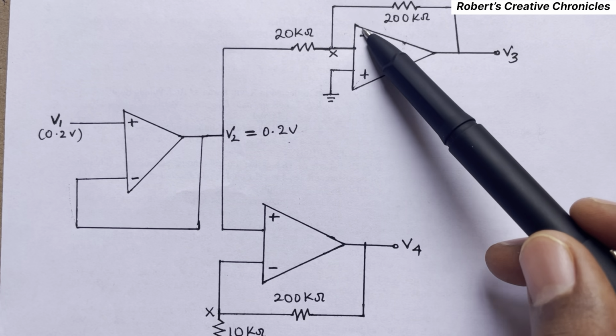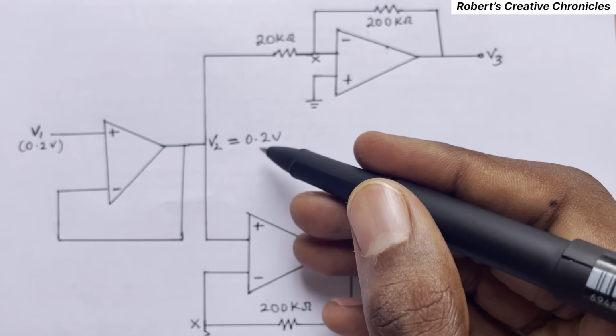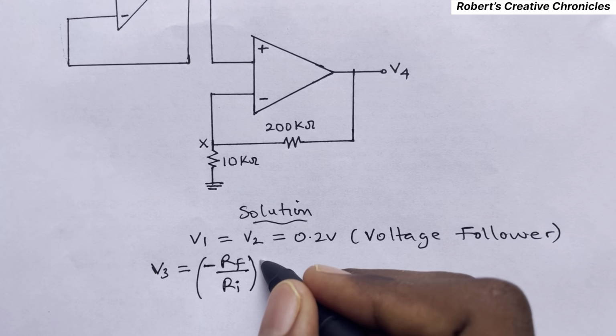The formula for an inverting amplifier is: V3, since the output here is V3, is equal to negative Rf over Ri times the input. The input is V2, times V2.